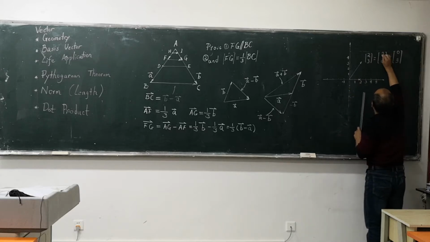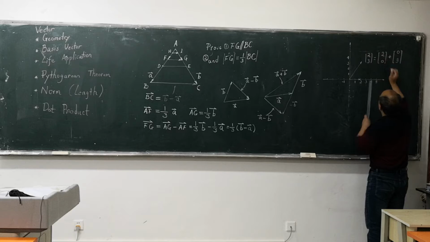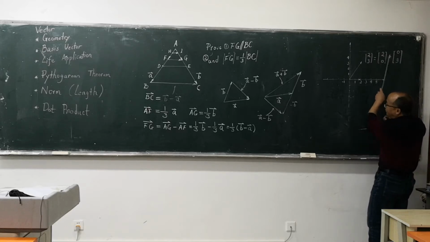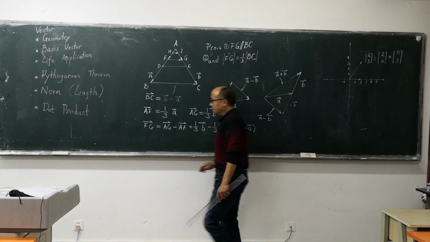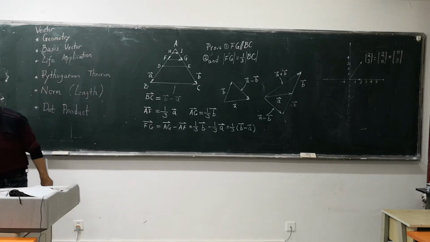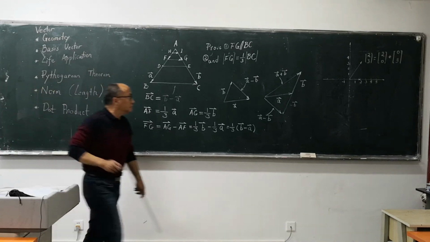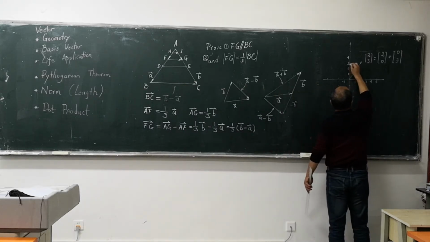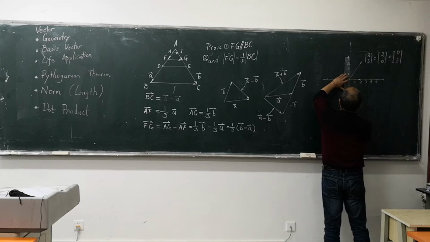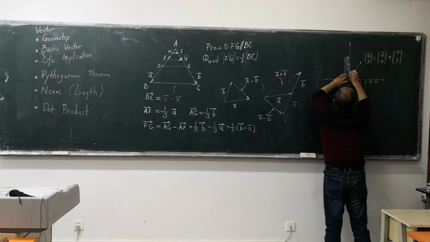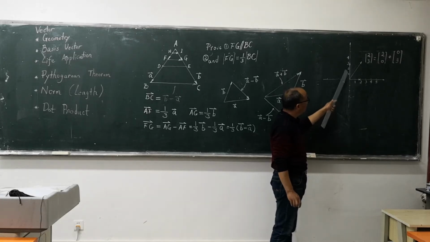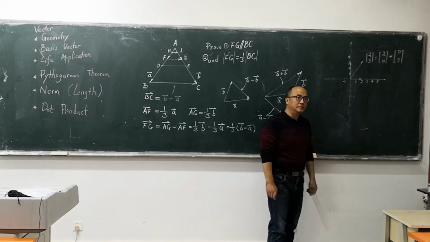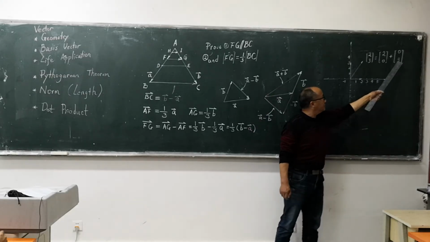Okay, (2, 0) is this vector. (0, 3) is this vector. You see it? (0, 3).